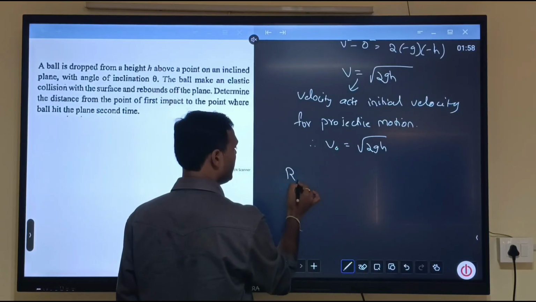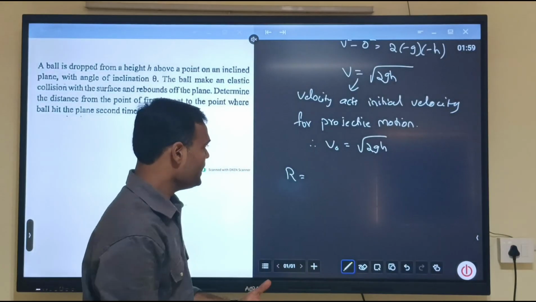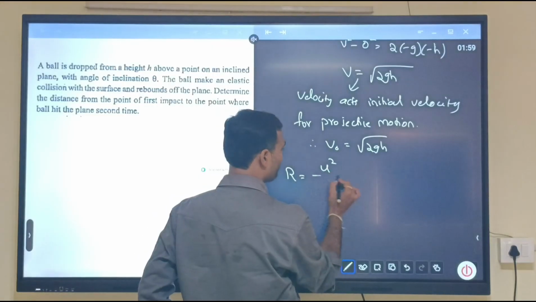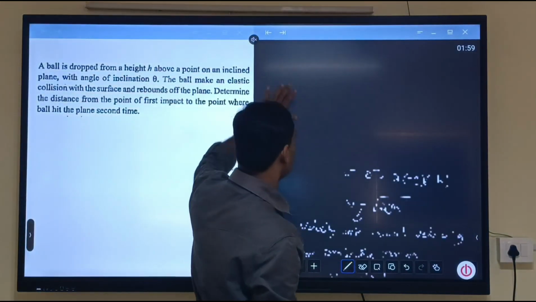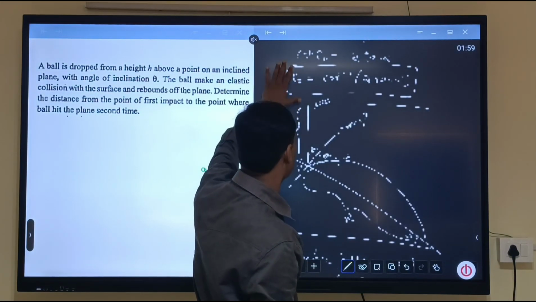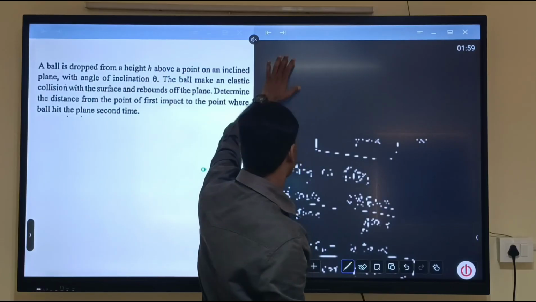And they are asking us to find the range value. Let us see what the range formula was. The formula is too big to remember.